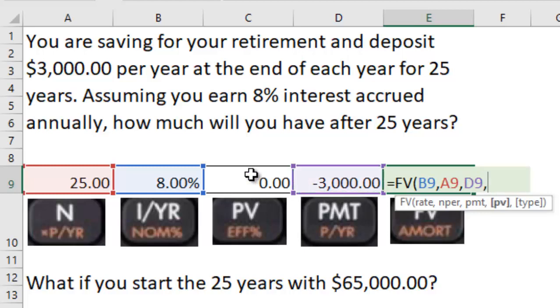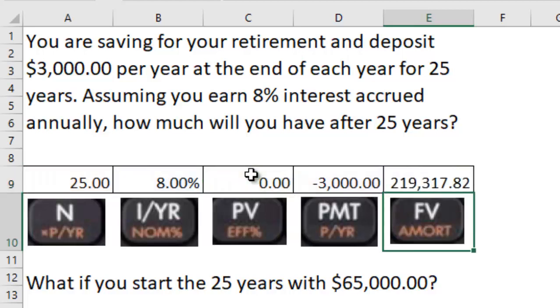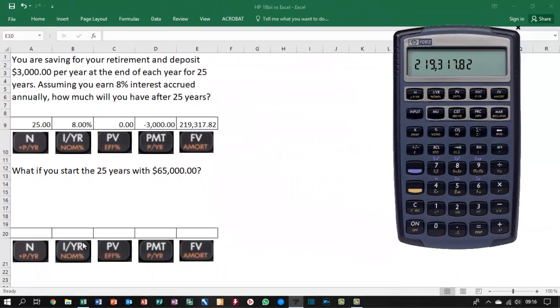What is our present value? 0. Remember, we only use the type if it's beginning or end, but it is optional. So let us not use it today. 219,317.82.